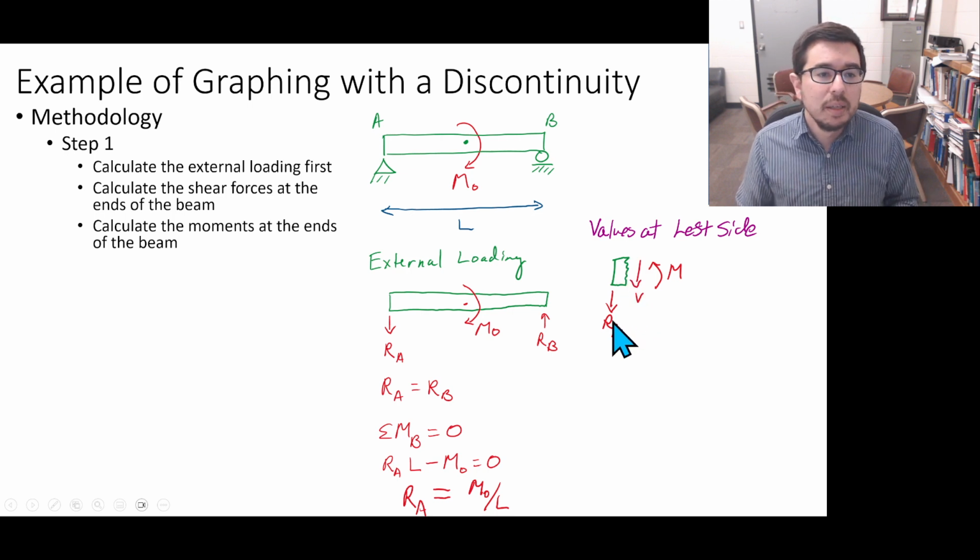So when we look at R_A and V, we know that V is going to be equal to minus R_A, and we know what R_A is.